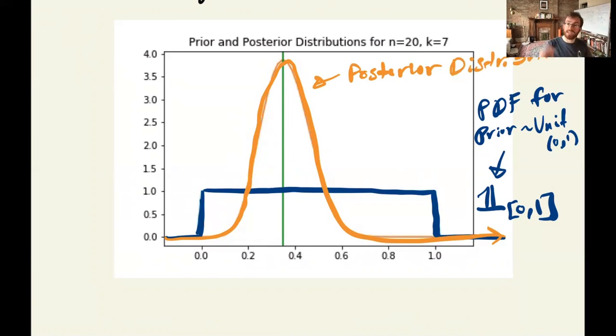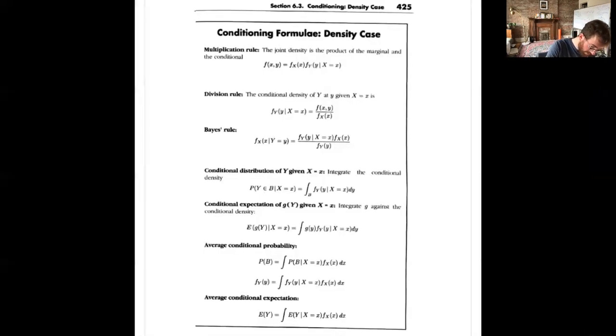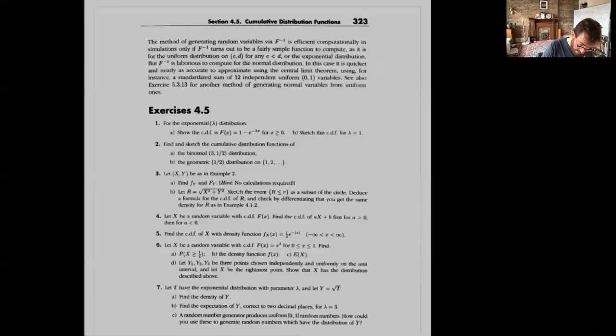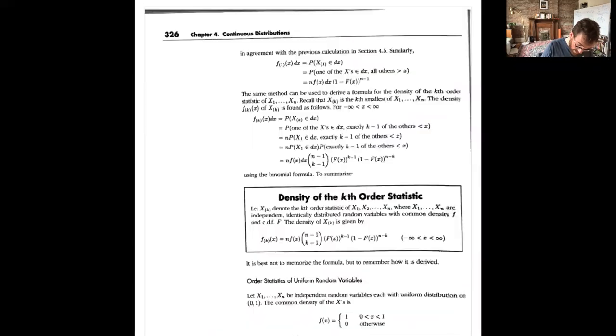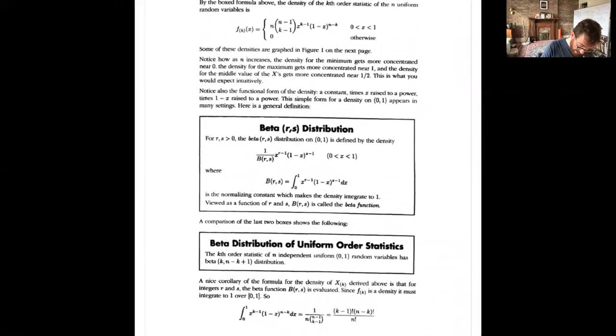And this is actually an example of a beta distribution. I'm just going to go ahead and copy out of Pitman what the beta distribution looks like here. If I bring this back and look at 327, underneath the order statistics, we get this.